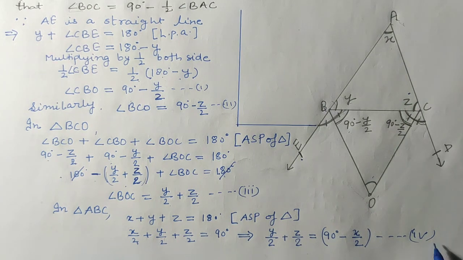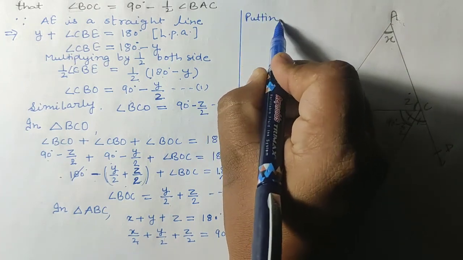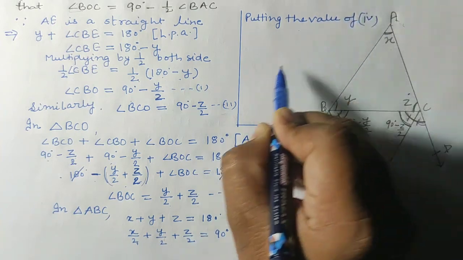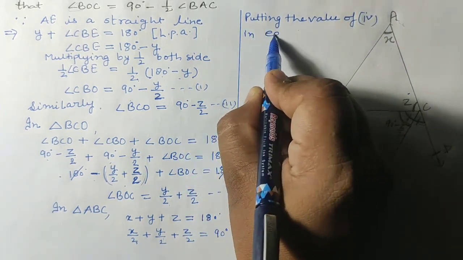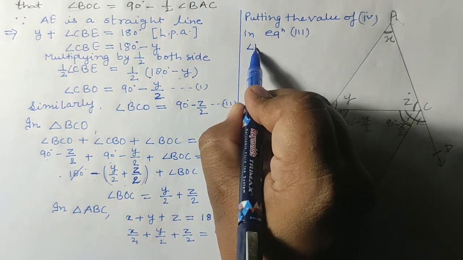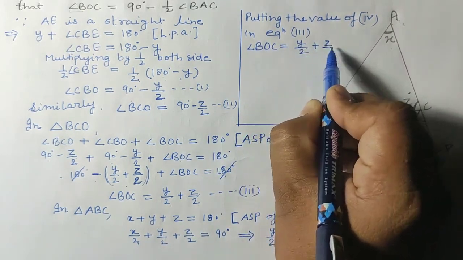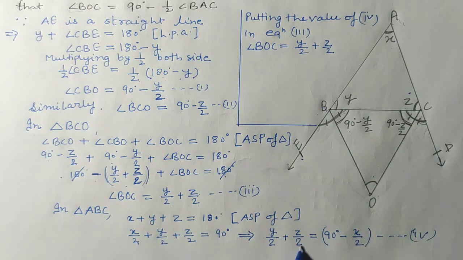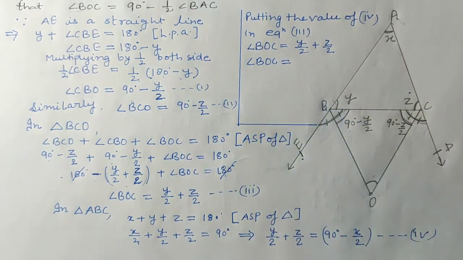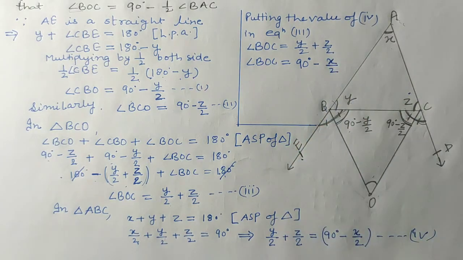After this I am going to write: putting the value of equation 4 in equation 3. What will we get, students? Equation 3 is angle BOC is equal to y by 2 plus z by 2. When we put the value of y by 2 plus z by 2, angle BOC is equal to 90 degree minus x by 2.